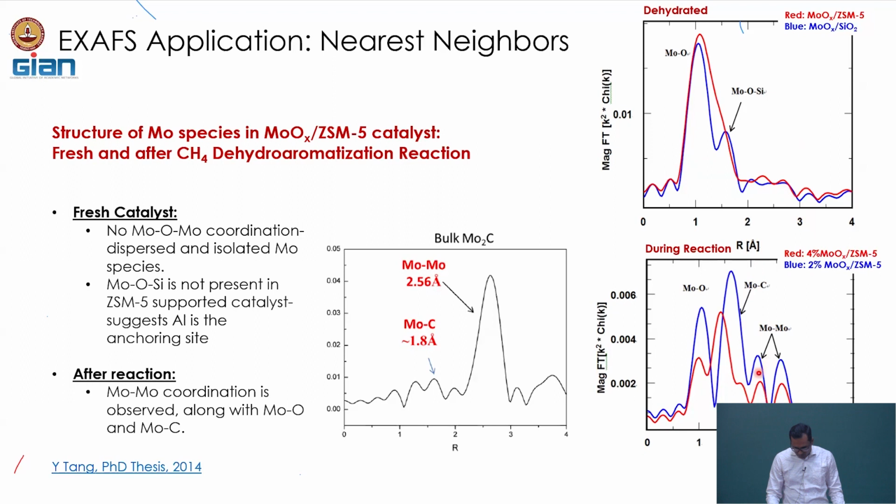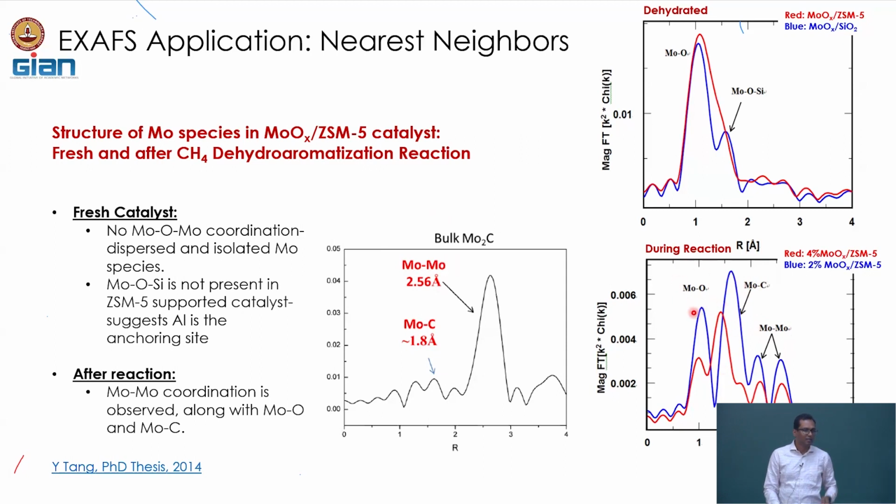During the reaction, what we are seeing as compared to the moly oxide, we have moly oxygen bond that is present, yes, but we have additional bond of moly carbon as well, and moly moly bonds are also present. Okay, so the fully oxidized catalyst is moly oxide, the moly carbide where there is no oxygen, but during the reaction what we are seeing is that we have moly oxygen, moly carbon as well as moly moly.